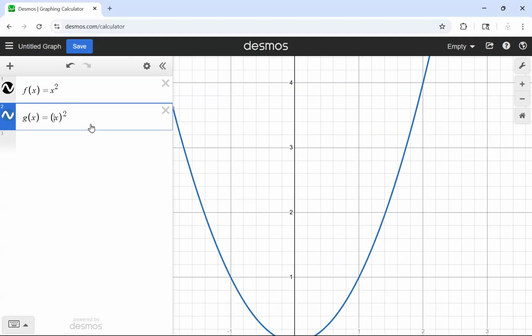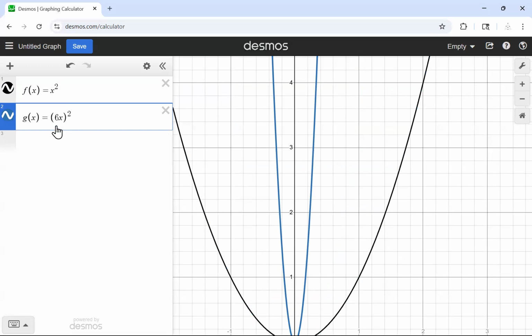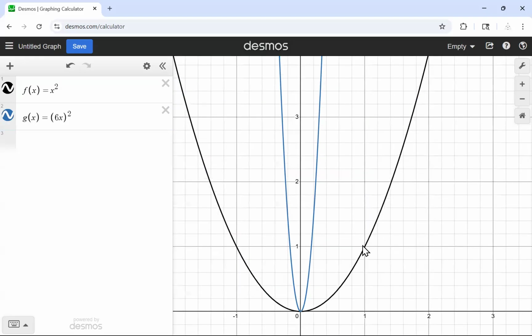And obviously I could have done any value. If I make a 6 on the inside, it gets shrunk by a factor of 6. It gets closer horizontally to the y-axis by a factor of 6. So 1, 1 would have become 1/6 comma 1.